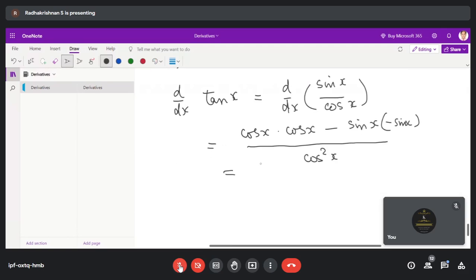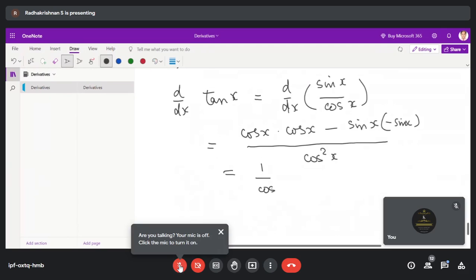Now the numerator is 1. This is secant square x.